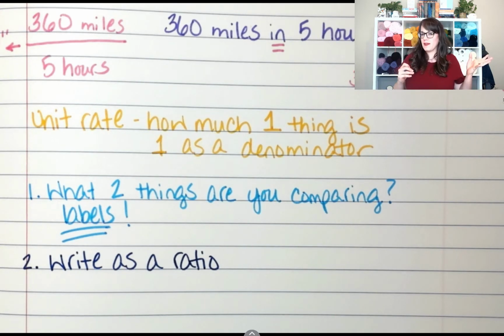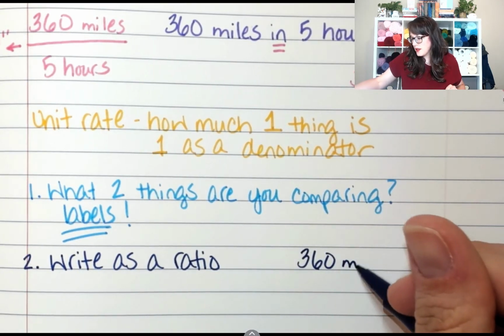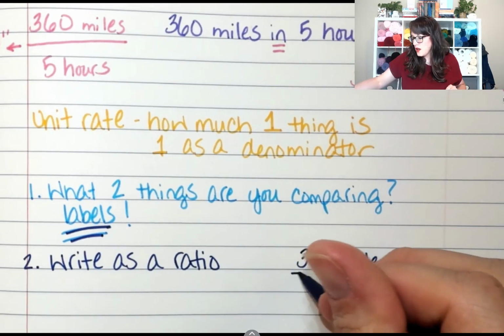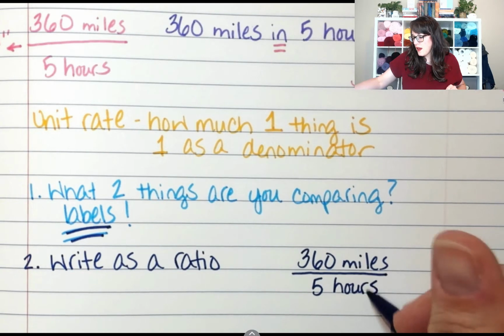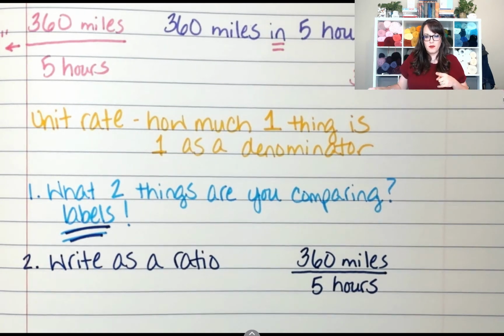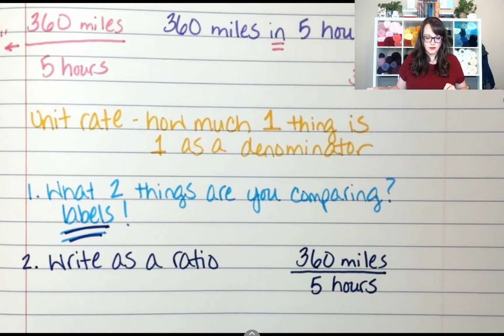And how am I going to write this as a ratio? So I'm going to put 360 miles. Don't forget to label. Over 5 hours. Because my goal here is to figure out how far I travel in 1 hour. Because the question here probably will ask per hour.